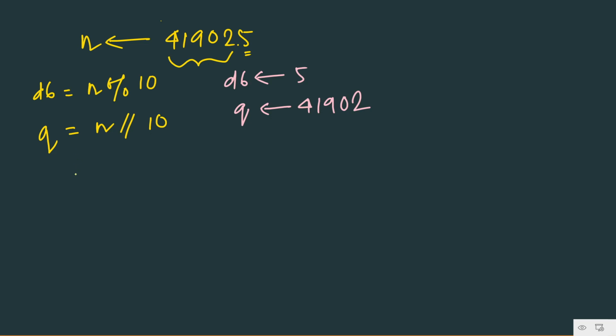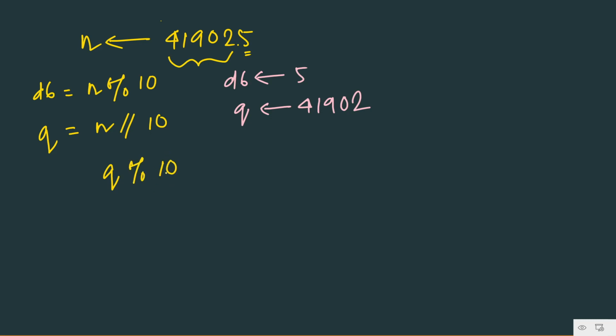Now once we get that quotient, which is the left part, we then isolate the rightmost digit from that left part. We take the quotient q, divide it by 10 and take the remainder using the modulo operator.